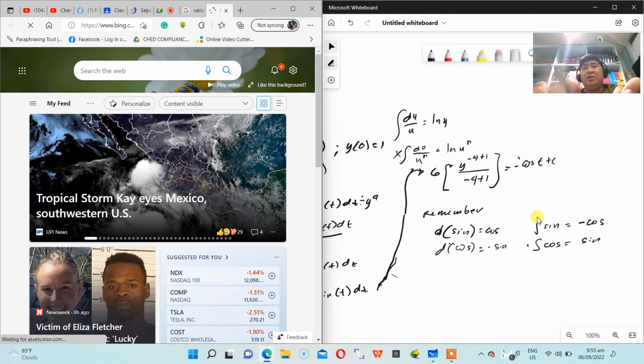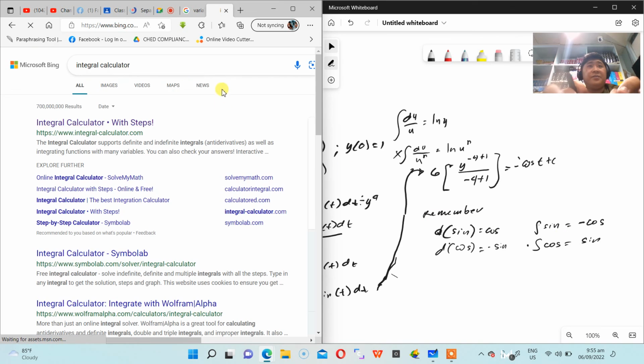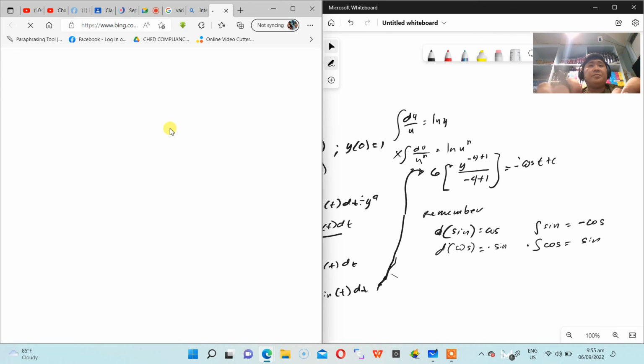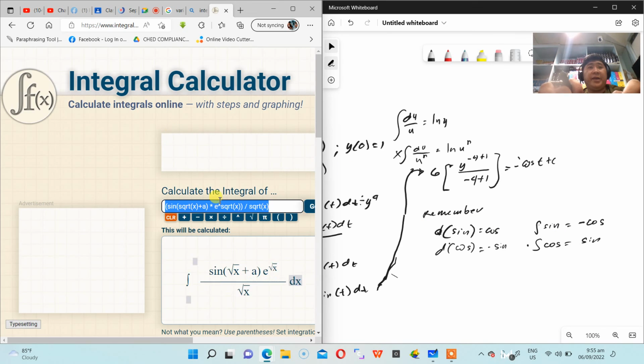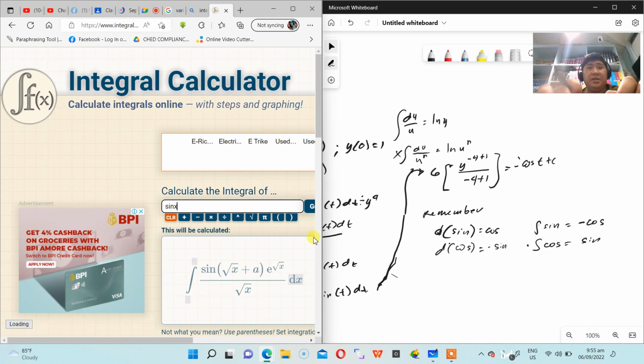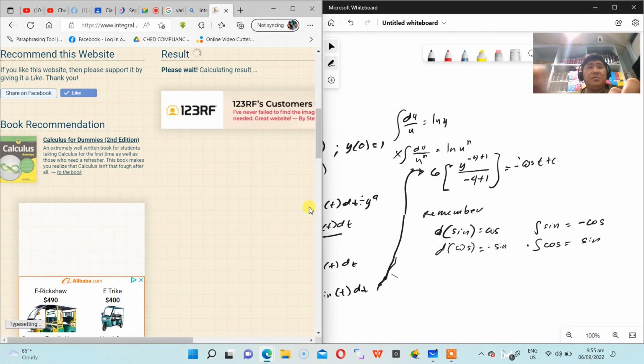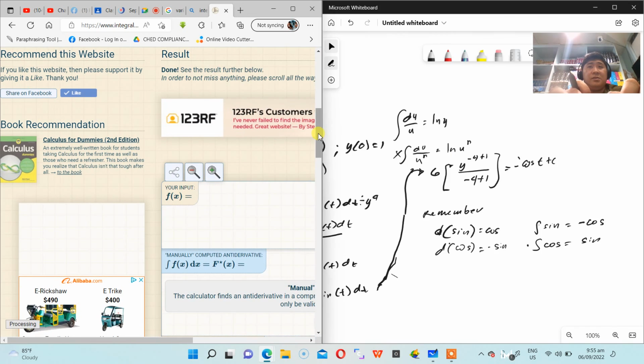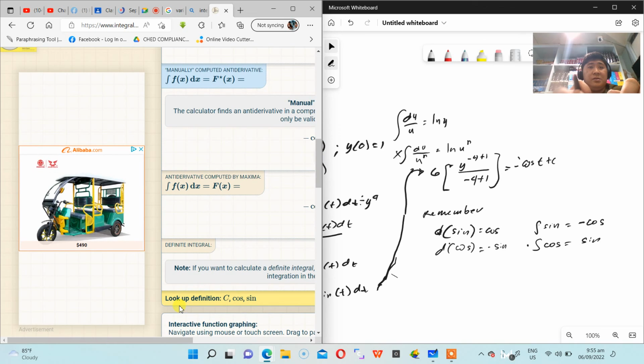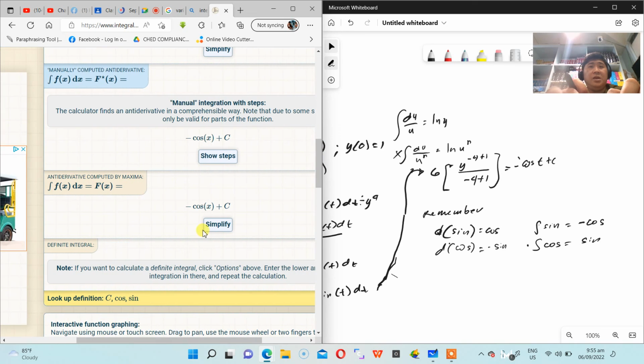The integral of sine x, to prove my claim, the answer is negative cosine x.